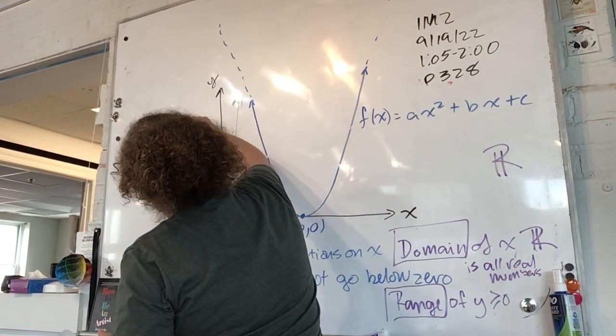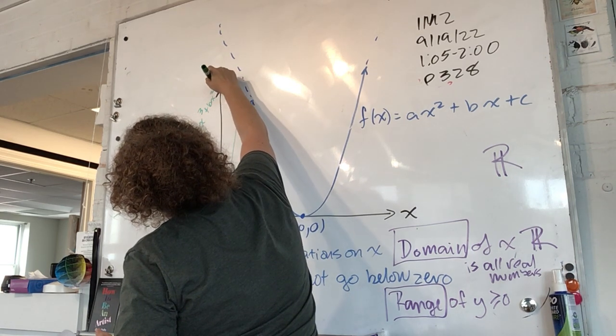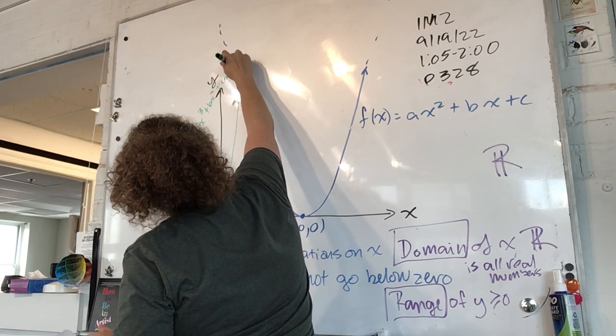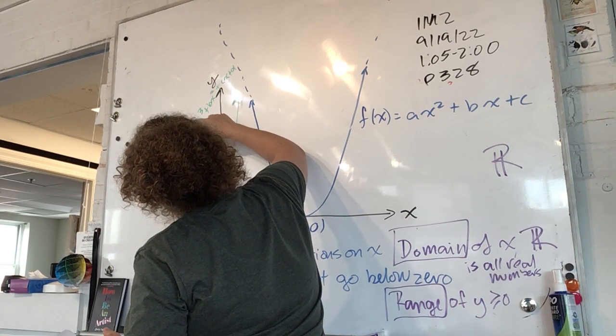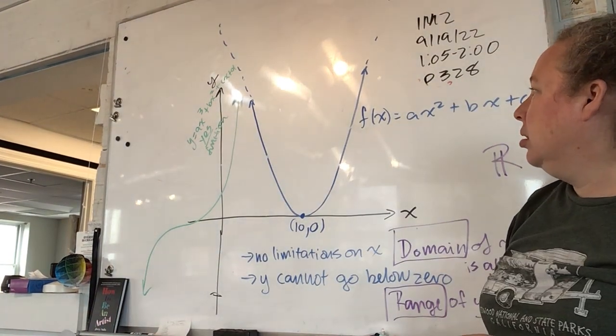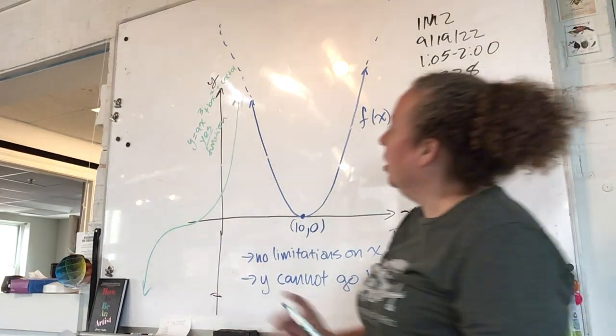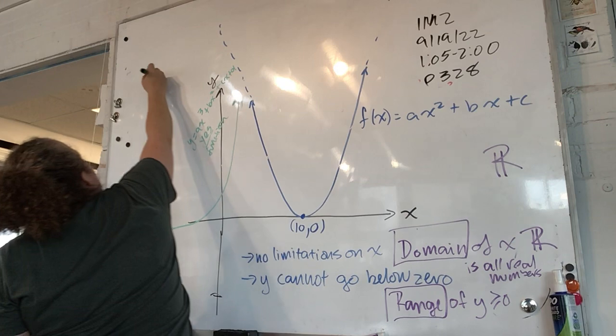So remember, this was y equals ax cubed plus bx squared plus cx plus d. Yes, this is a function. It passes the vertical line test. Wait, can you repeat that? Yes. I can write this a little bit more clearly here.